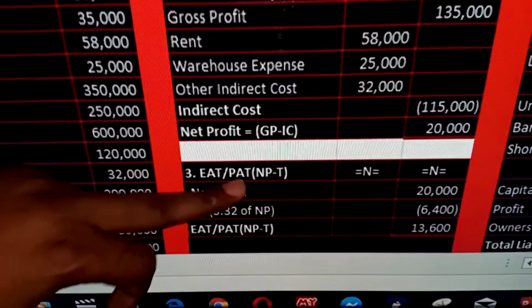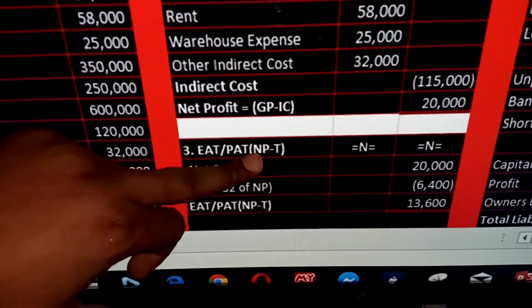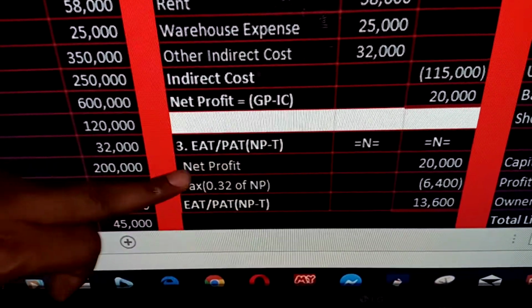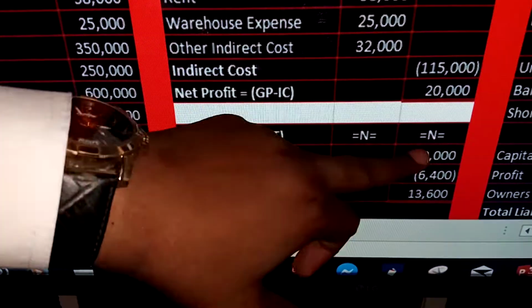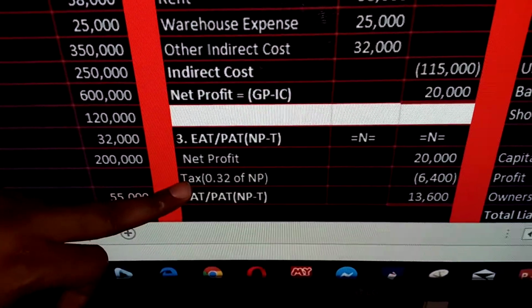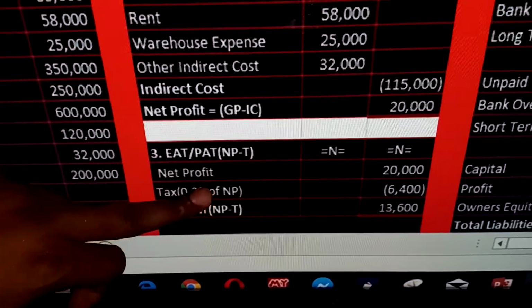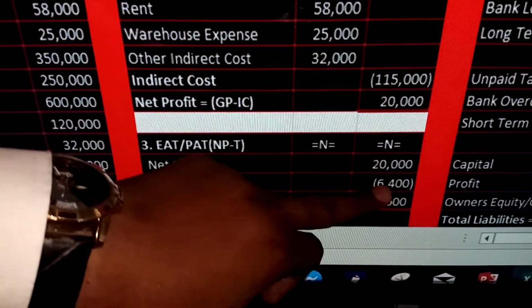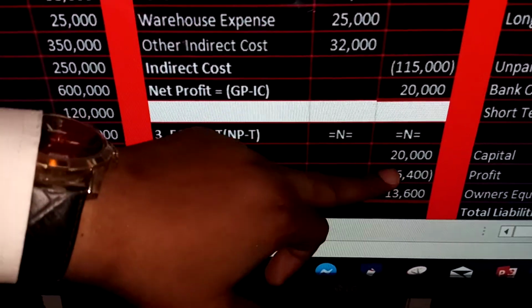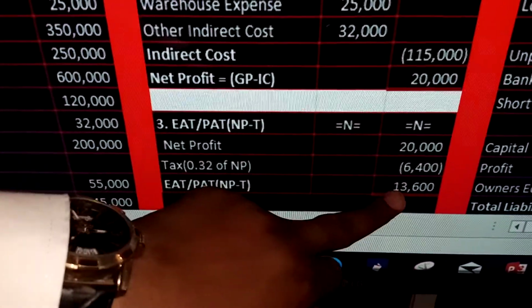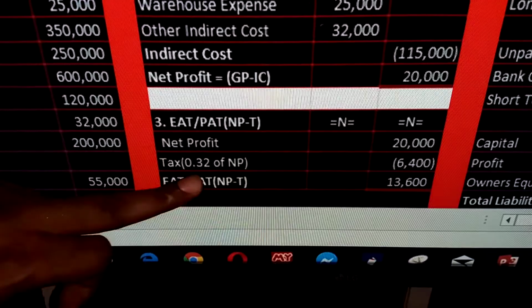Earnings after tax or profit after tax. Formula is net profit minus tax. What's our net profit? 20,000. What's the tax? 32% of net profit, which is 0.32 times 20,000. That's 6,400. So 20,000 minus 6,400 gives you 13,600. That is your earnings after tax.